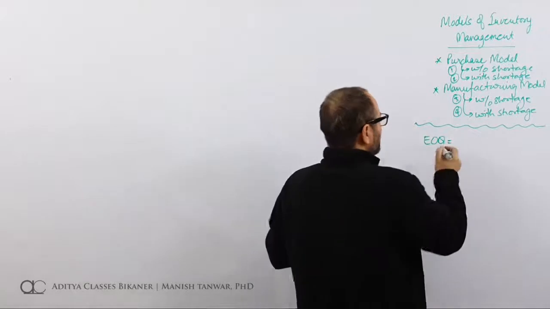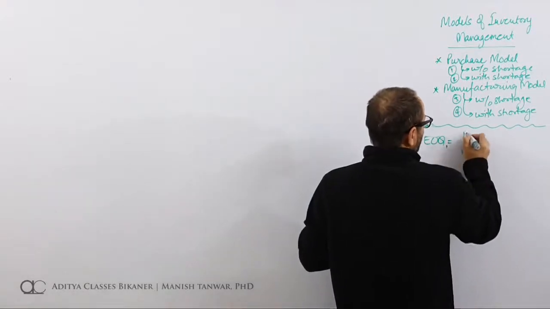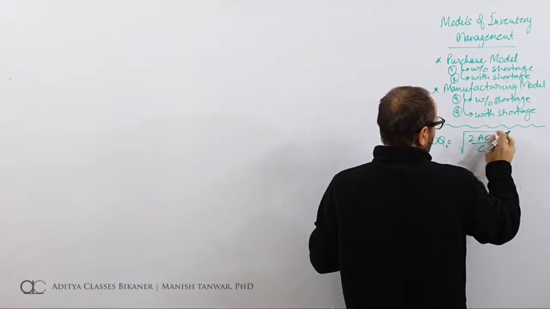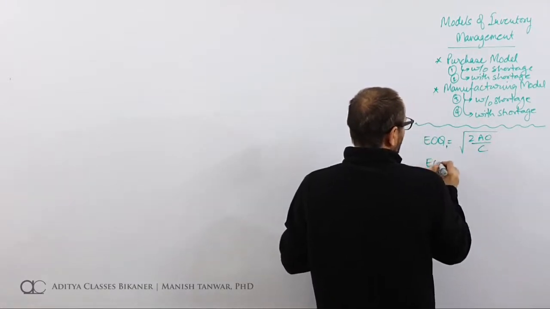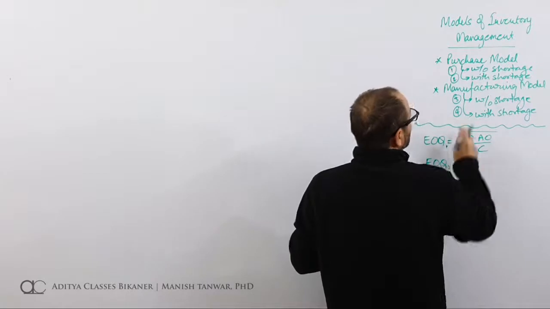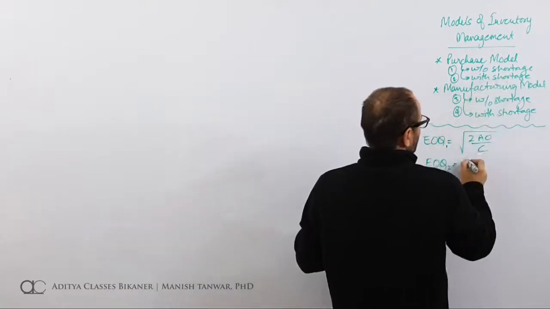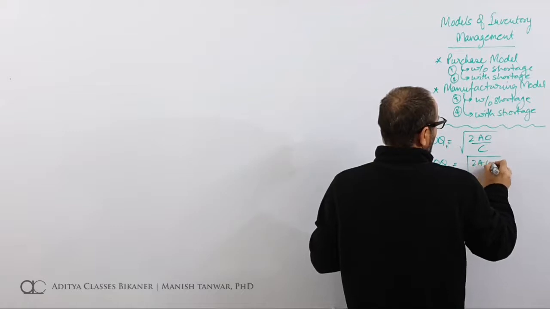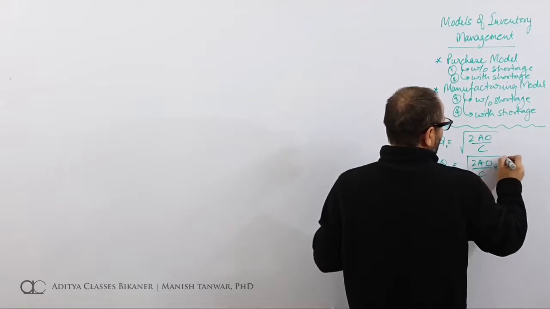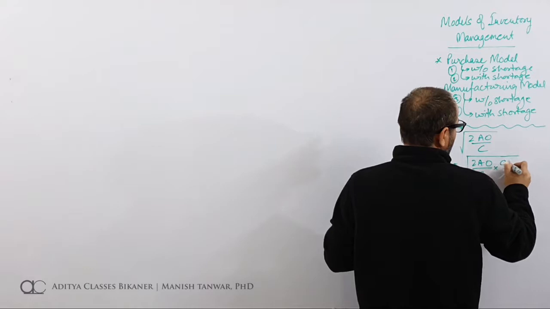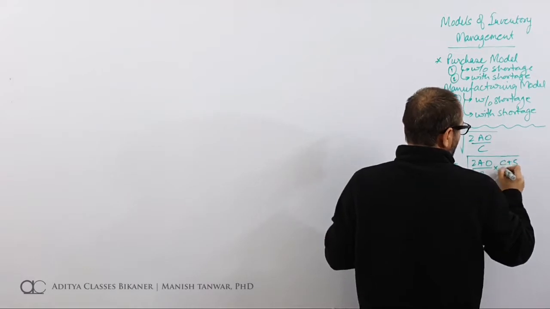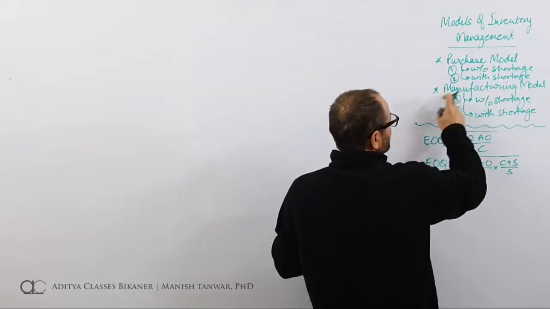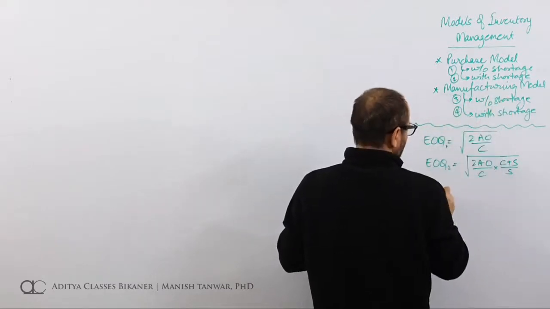What was the EOQ for first model? It was under root of 2AO upon C. What was EOQ for second model? Second was with shortage. So in that case it becomes 2AO upon C multiplied by an additional factor, which is C plus S upon S. Then EOQ for third, which was manufacturing model without shortage.